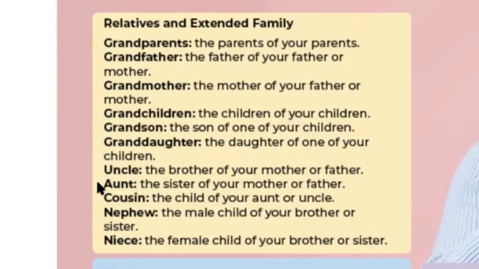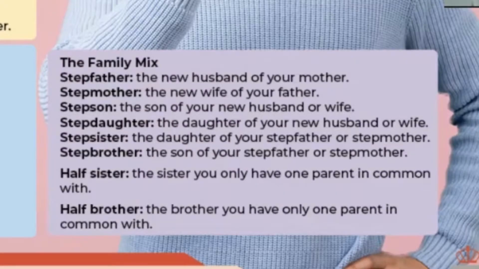Aunt, tía. Cousin, primo. Nephew, Maria? Sobrino. Okay. The male child of your brother. Yes, sobrino. Tania, niece? Niece es sobrina. Okay.